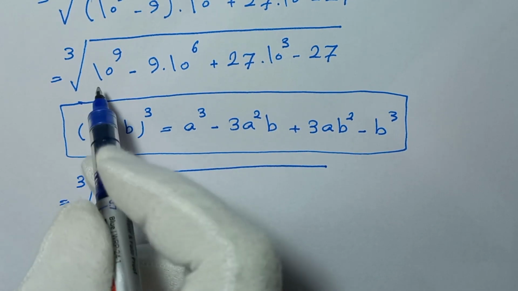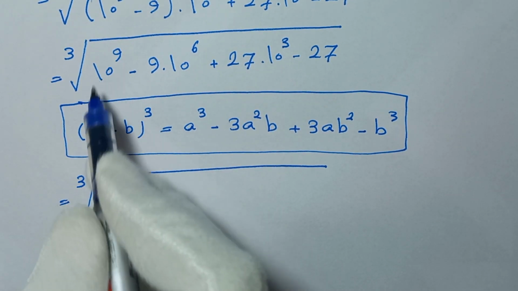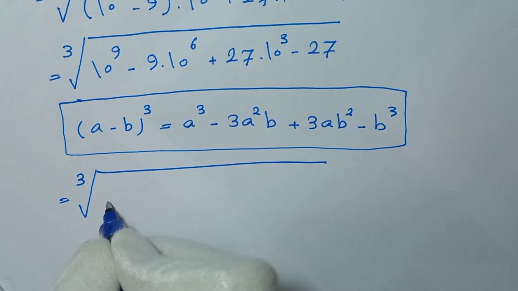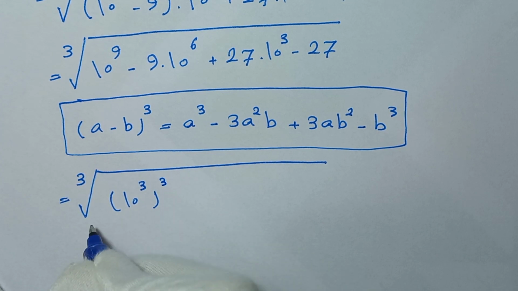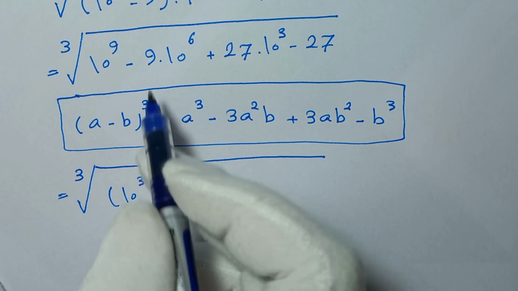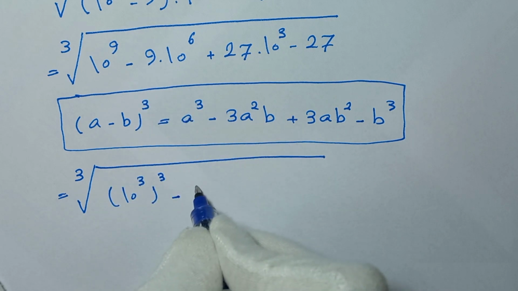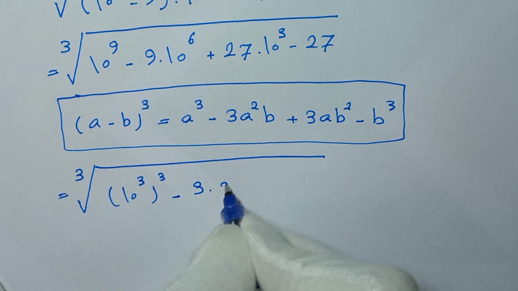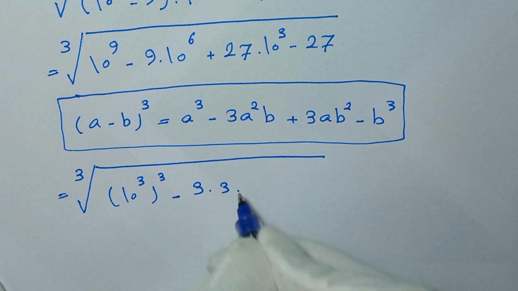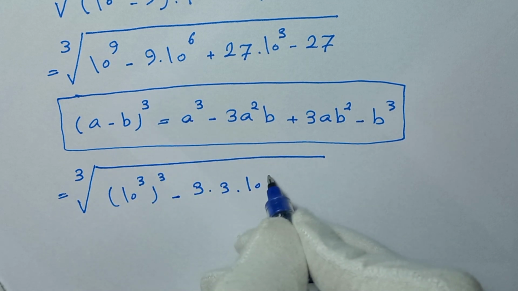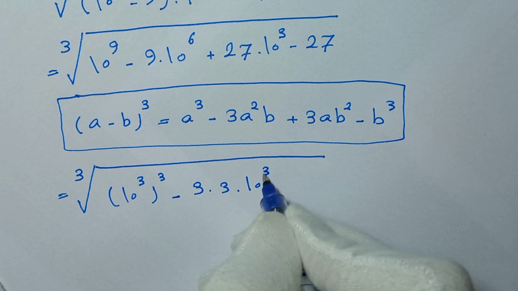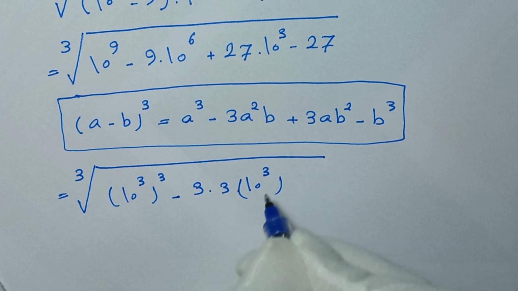We can write the cube root of 10 to the power of 9 as 10 to the power of 3 to the power of 3, and minus, we can write this 9 as 3 times 3, times 10 to the power of 6, which is 10 to the power of 3 to the power of 2.